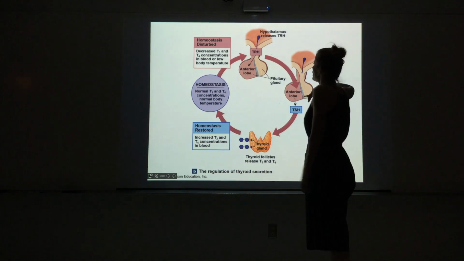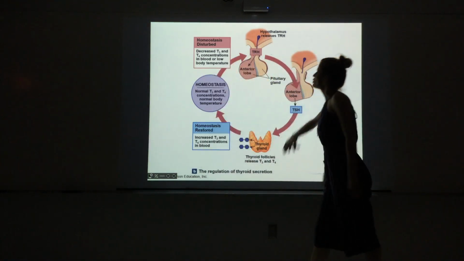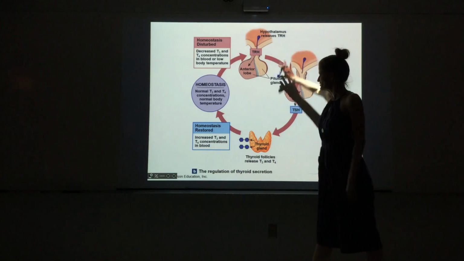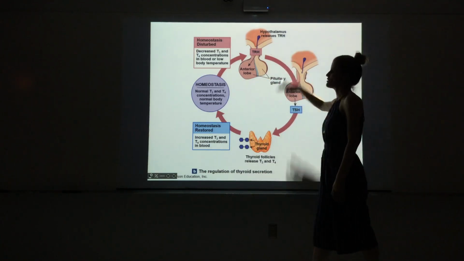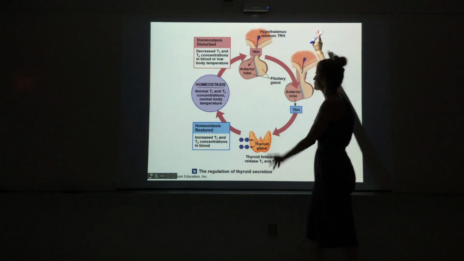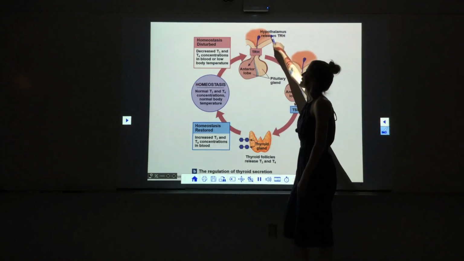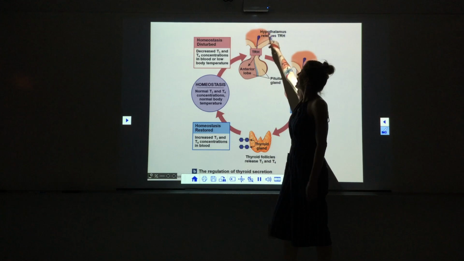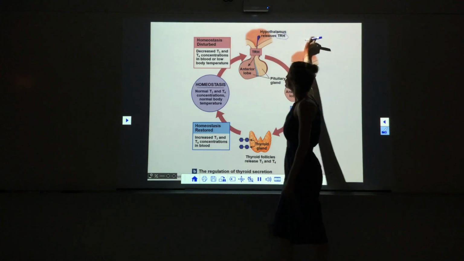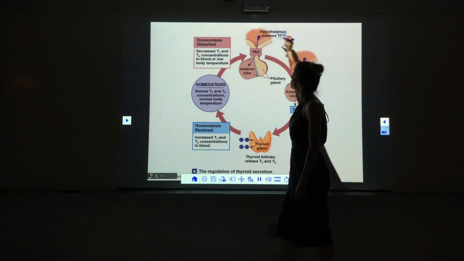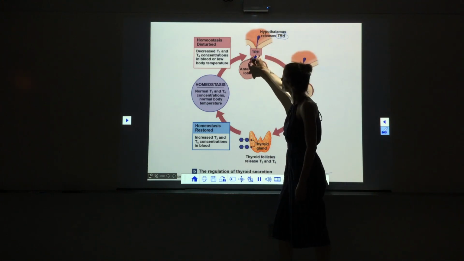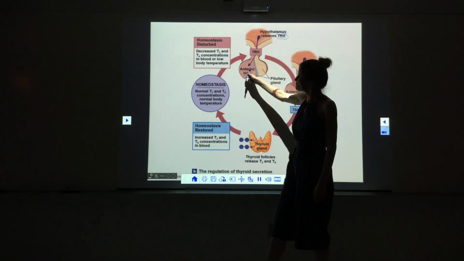This is just showing us the full cycle, just to show you guys how all of the different glands come in together and work together and how it's all involved. So just for thyroid hormone, remember we're starting up with the hypothalamus. The hypothalamus is releasing our thyrotropin releasing hormone. That goes to what organ? The anterior pituitary, which then releases what?